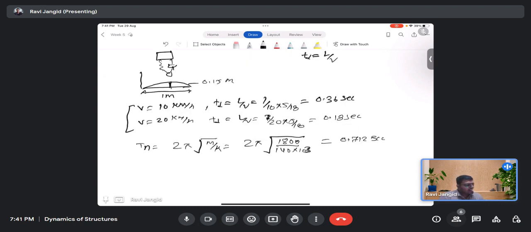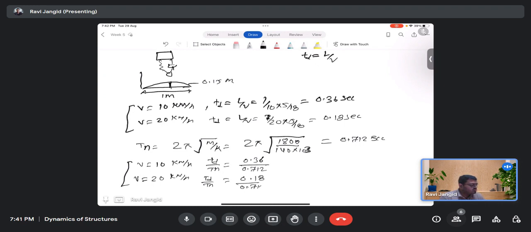Now I can calculate, for v equal to 10 kilometer per hour and 20 kilometer per hour, my Td by Tn for both cases. That is 0.36 divided by 0.712, and 0.18 divided by 0.712.